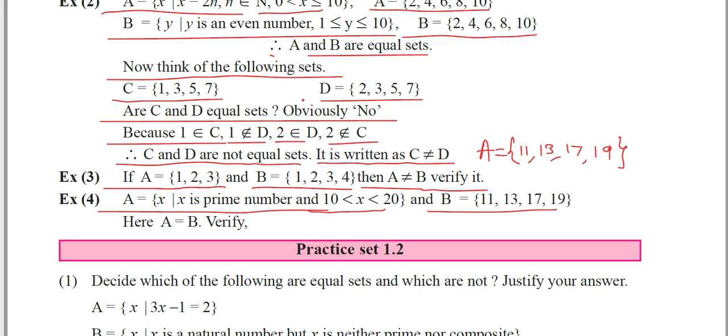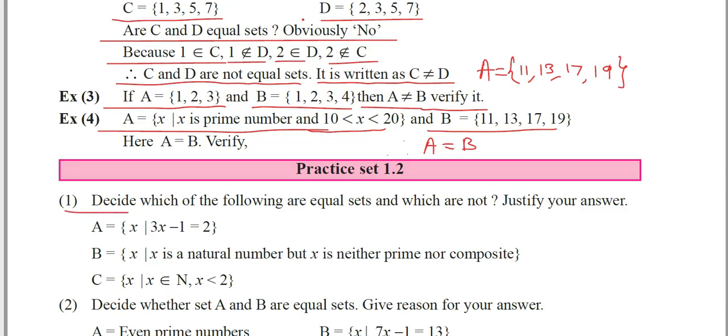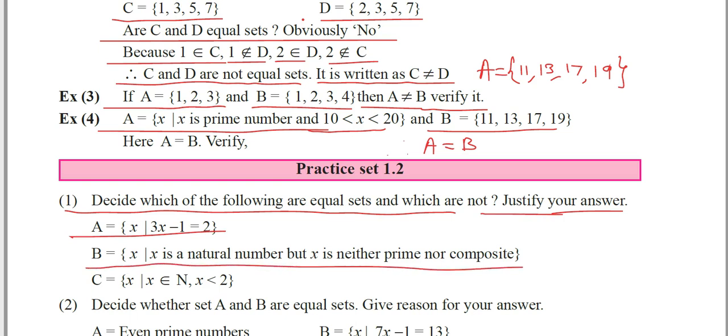Now we'll start the practice set 1.2. Decide which of the following are equal sets and which are not. Justify your answer. A is equal to {x such that 3x minus 1 is equal to 2}.